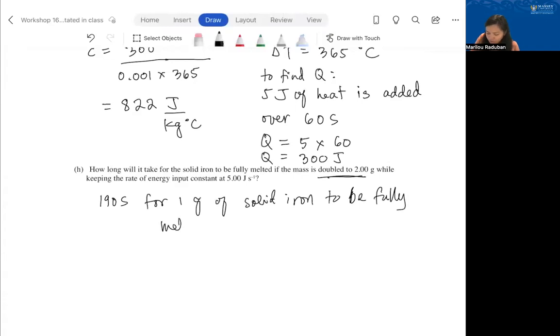Keeping everything the same, meaning same input, and it's the same material, of course. Same energy input.